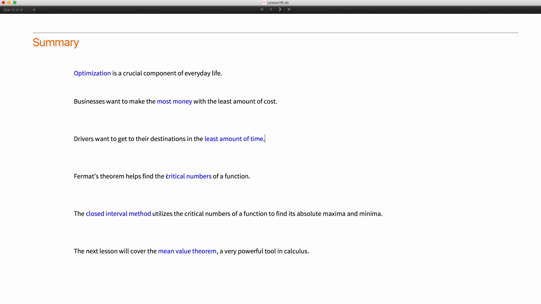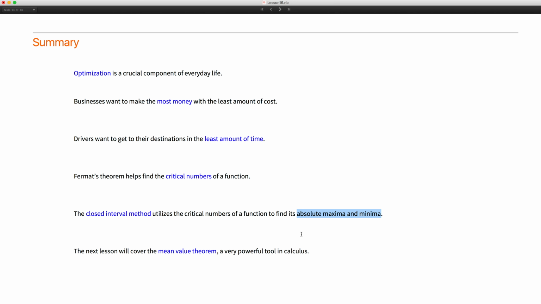Now, the basic tool in this area is Fermat's theorem, which lets us find the critical numbers for a function. And the closed interval method is a complete method for finding the absolute maxima and minima.